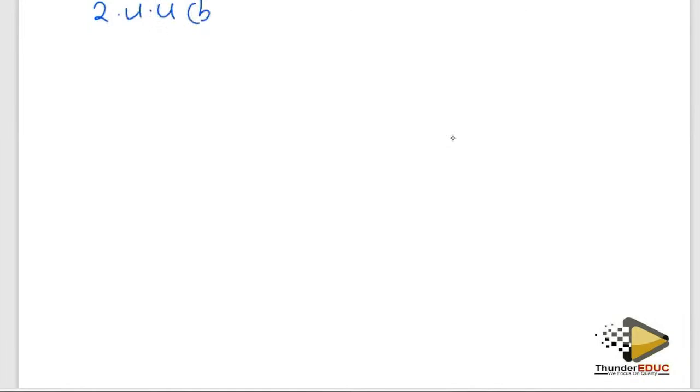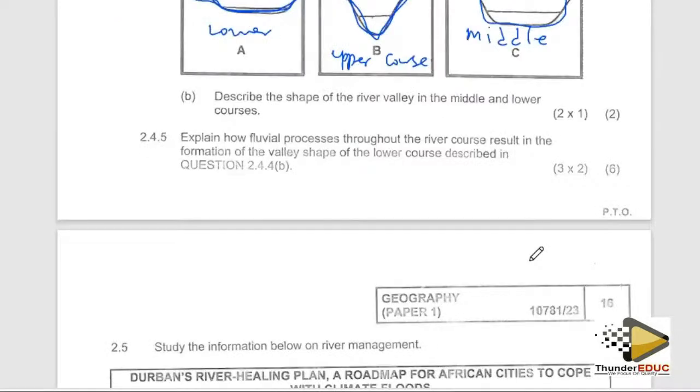I'll check the question once again. It says, explain how fluvial processes throughout the river course result in the formation of the valley shape of the lower course described in question 2.4.4B. Okay.